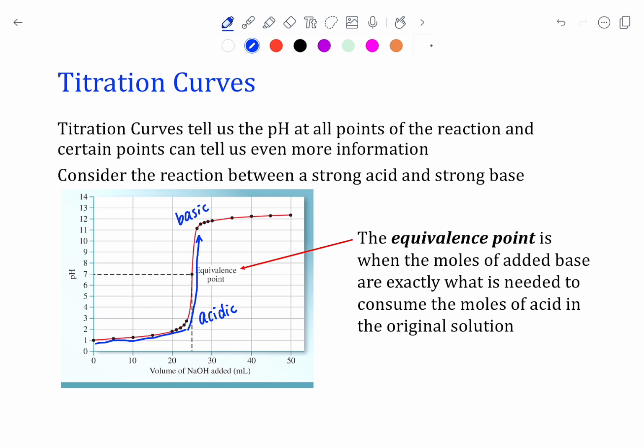So again, this point in the middle is called the equivalence point. And this is when the moles of added base are exactly what is needed to consume the moles of acid in the original solution. Essentially, all of our reactants reacted together and there's nothing left, and we've made all of our product.